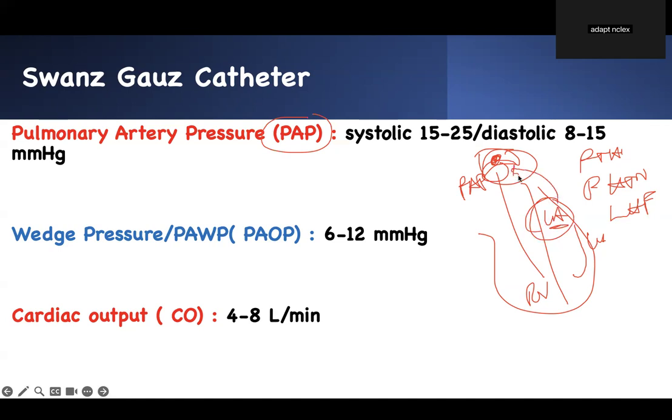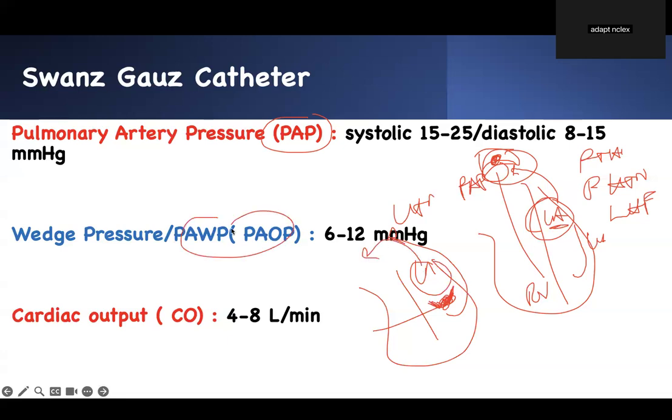The wedge pressure, which is 6 to 12. And so we can tell whether the individual has left heart failure or is fluid overloaded when their wedge pressure is very high. If your wedge pressure is very high, it means things are backing up into your lung from the left side, right? So it can tell you about the left atrial pressure. The additional thing you should know is if there is mitral valve stenosis, the left atrial pressure increases, and then the wedge pressure also increases.